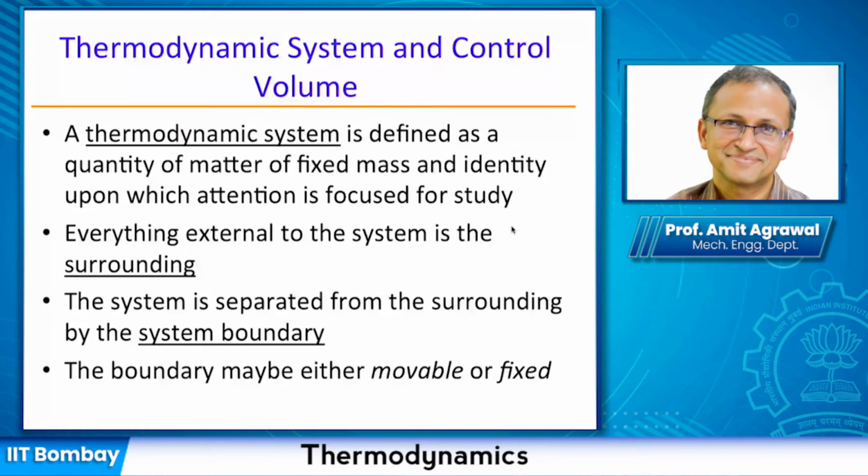The boundary that we are talking about could be either movable or fixed. So we could have both these scenarios. But the fact is that we have a system, a surrounding, and a system boundary, and these things are well defined, and the boundary itself could be movable or fixed.